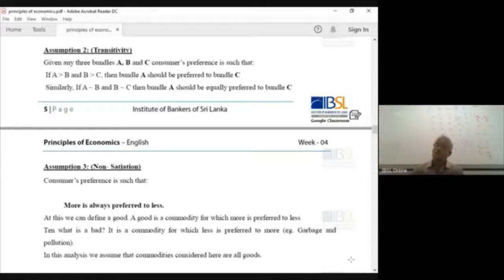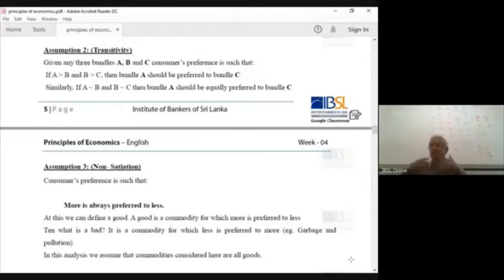Using this property, we can define the difference between a good and a bad. In the local A level, that question was: what is the difference between a good and a bad, a non-good? A good is a commodity for which more is preferred to less.